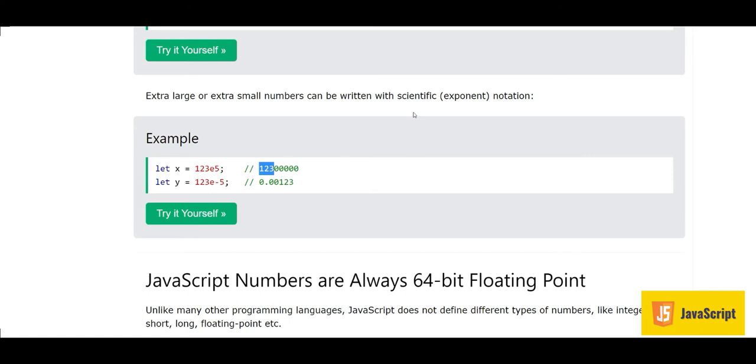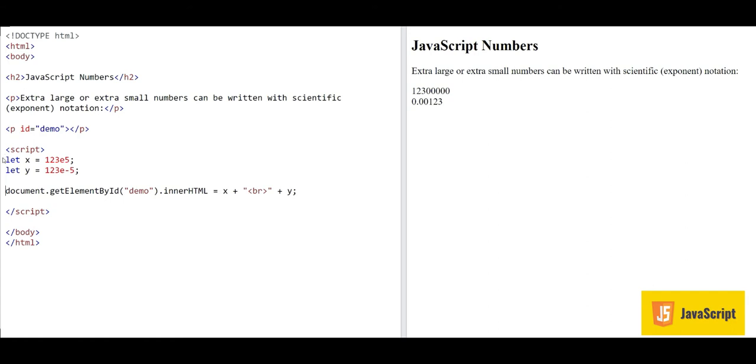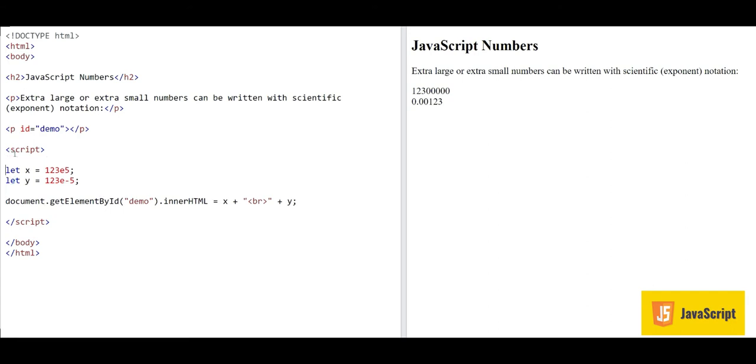So this is called scientific or exponent notation to write large numbers or small numbers, and this is possible in JavaScript. So here in our code we have these two variables, x is equal to 123e5 and y is equal to 123e-5.